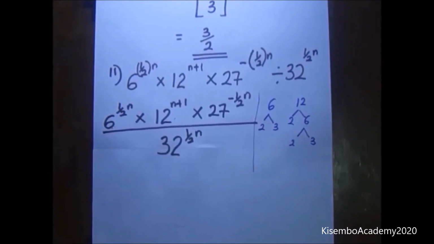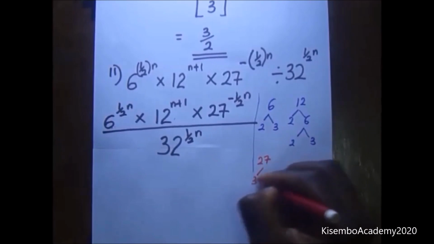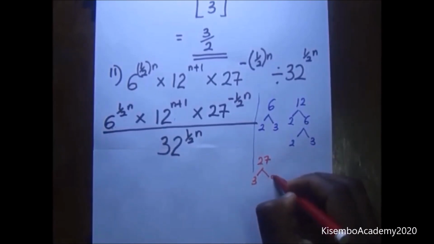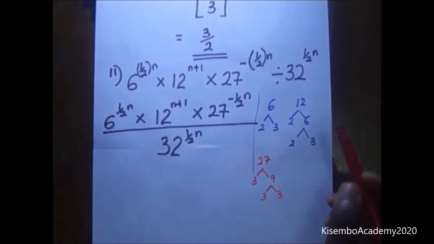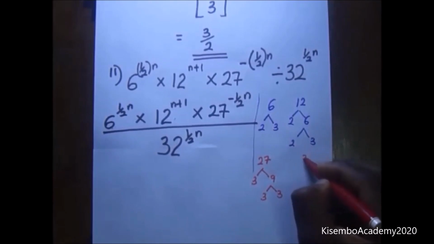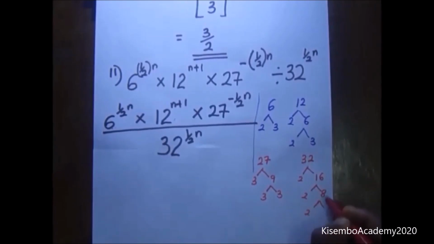Then for 27, we have by 3, 9 by 3, it is 3. Then for 32, we have by 2, we have 16. By 2, we have 8. By 2, we have 4. By 2, we have 2.